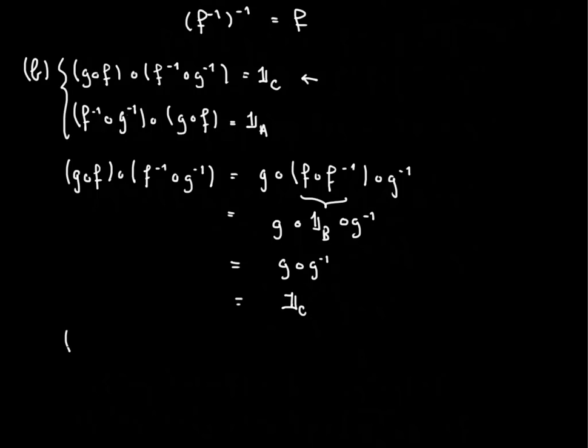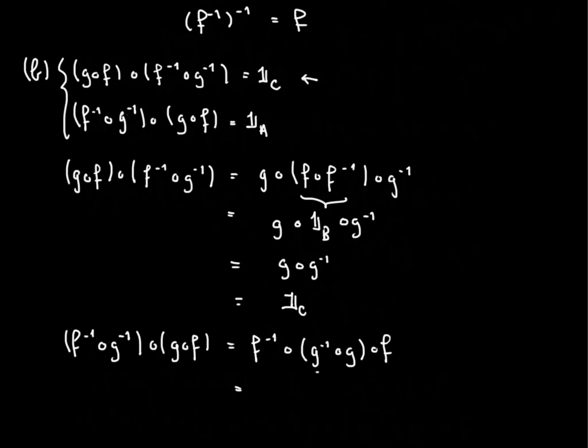Now again, we're going to do the same thing in the opposite order. We take what we claim to be the inverse, compose it with our g circle f. Now this is equal to, again, we're using the fact that composition is associative. So we're prioritizing the inverse of g, circle g.